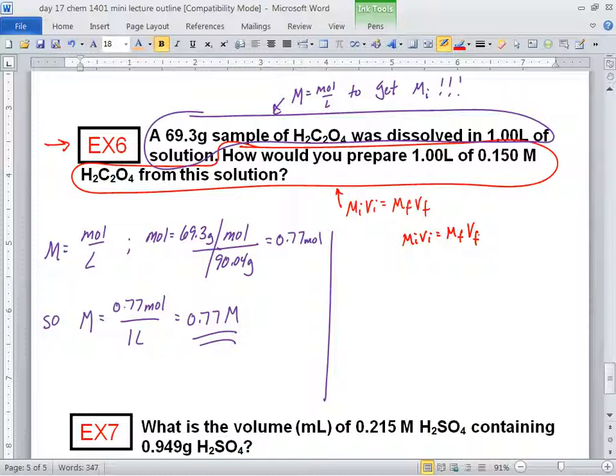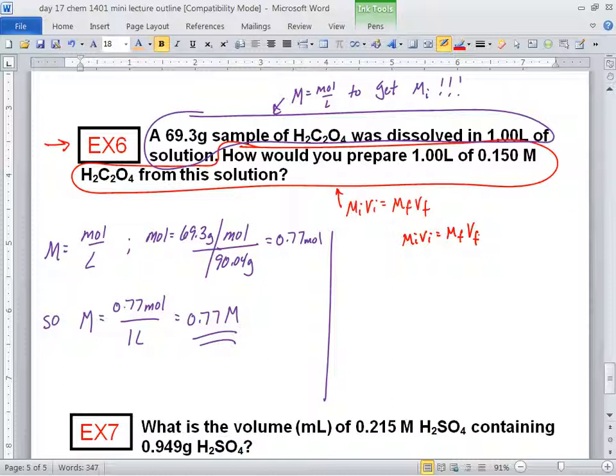Did you get your MI? I got it to be 0.77, but I might have done something wrong. Okay, yeah, it should be 0.769 would be better. Just finish your sentence and dilute.